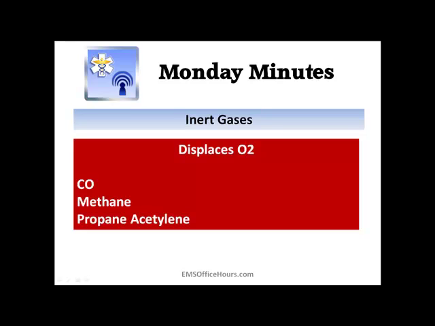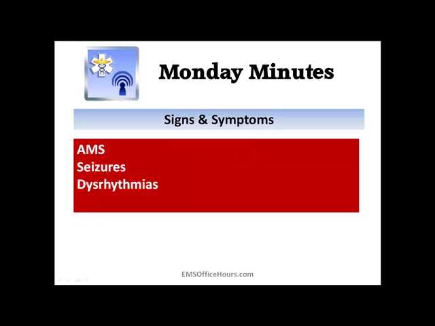Things like CO, methane, hexane, propane, acetylene, and you're going to see things with these patients like an altered mental status, seizures, or even cardiac dysrhythmias. These are some of the common things you'll see with patients who have had inert gas exposure.